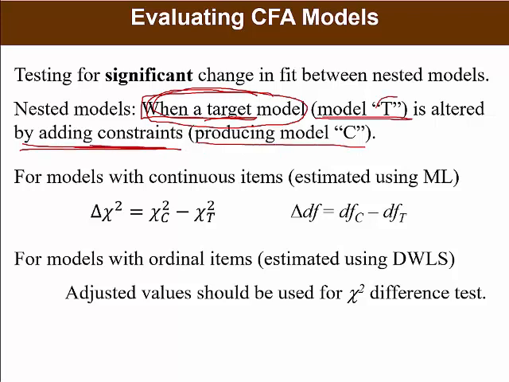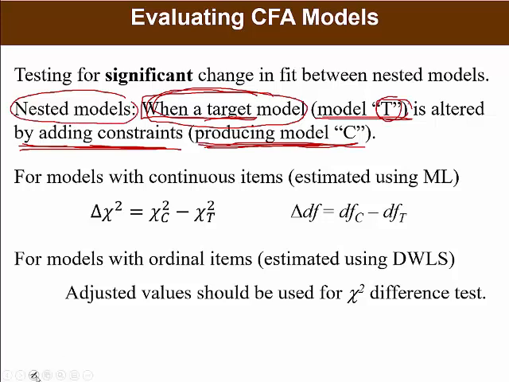So I have my target model and this alternate model, model C, and the difference between the two is simply that I added constraints. So I had my target model T, and I created my alternate model simply by adding constraints to that target model. In this case, these two models are nested.